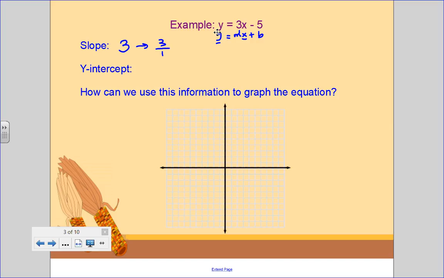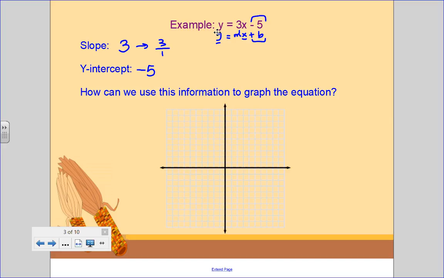All right, our y-intercept, the plus b part, notice ours is minus 5. We could change any subtraction to plus a negative. So hopefully you'll recognize that the y-intercept is a negative 5. So how can we use this information to help us graph?